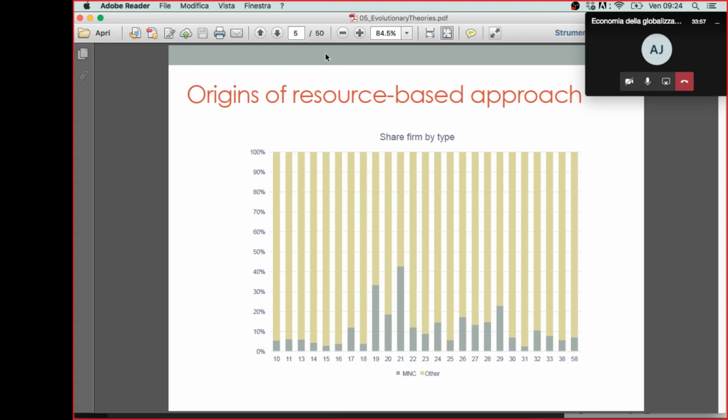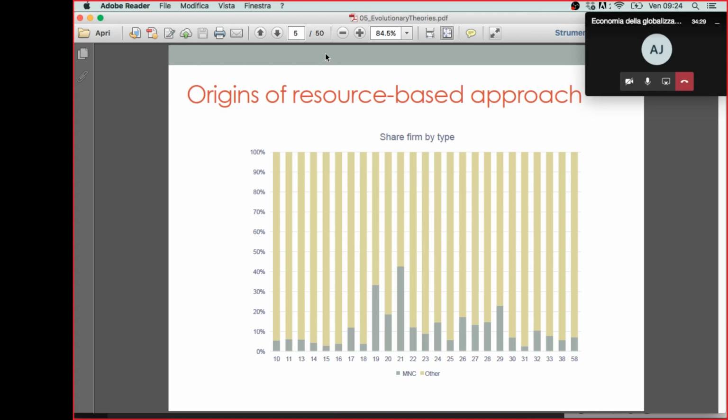you observe that even in very narrowly defined sectors, meaning even in sectors in which you can actually identify firms that produce more or less the same thing, the same product, you observe huge heterogeneity in the size of the firms. So even in narrowly defined sectors, you have very large firms that compete with very small ones in terms of number of people that they hire, in terms of sales.